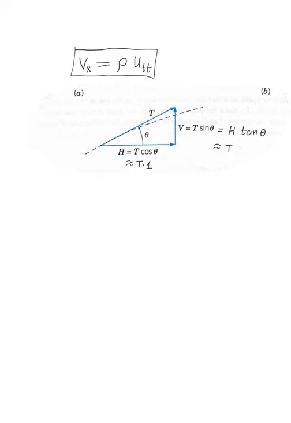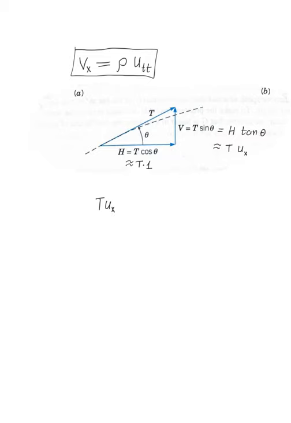As to tangent theta, that's just the slope of the string. So it is equal to the derivative of the vertical displacement of the string with respect to x. Okay, so our equation becomes, so we replace V with T multiplied by the partial derivative of u with respect to x.